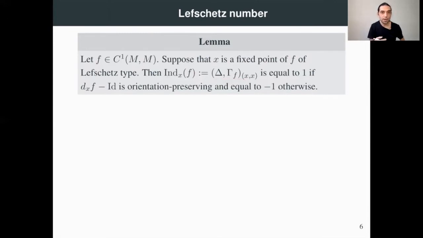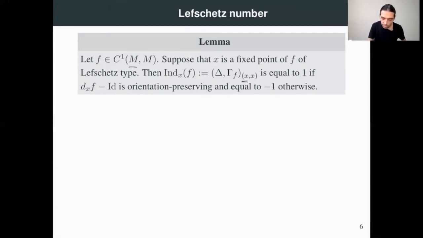Okay, as we said, this number over here just depends on the behavior of f in a neighborhood of x. If we work locally, for instance, x is 0 and a neighborhood of x in M is going to be a neighborhood of x in Rn just by considering local coordinates.